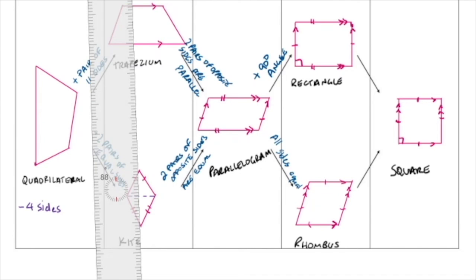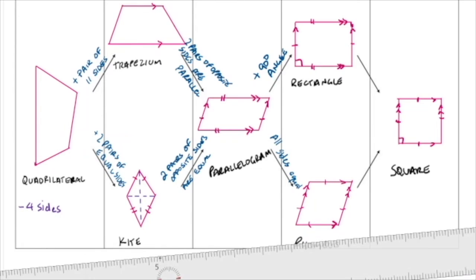We can see that these diagonals, if it's drawn properly, are supposed to meet at 90 degrees and one bisects the other.